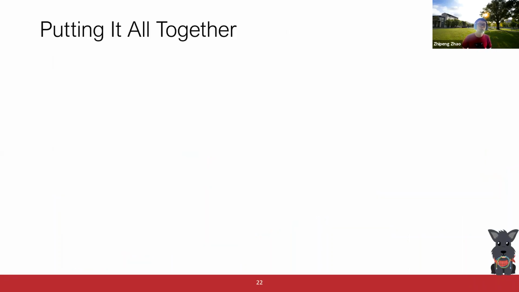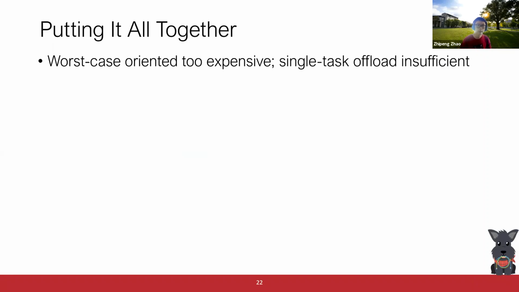Now let's put it all together. Worst case-oriented FPGA designs are too expensive to be practical on FPGA. And at the same time, single task offload is insufficient to achieve end-to-end speedup.